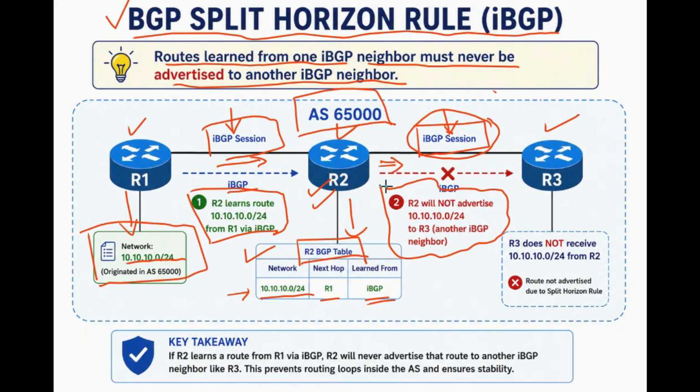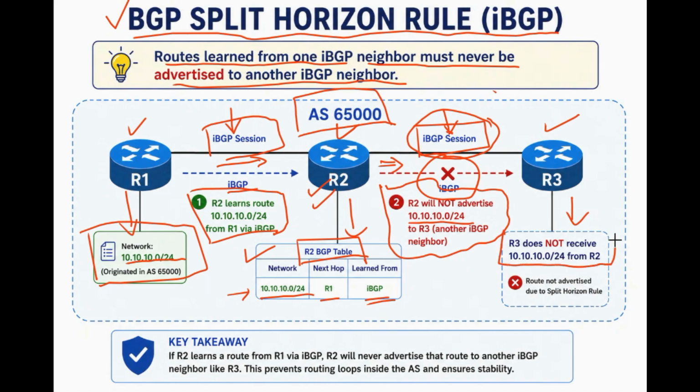That is why you see the red cross mark, the red dotted arrow, and the message saying R2 will not advertise 10.10.10.0/24 to R3. As a result, R3 does not receive the route from R2.